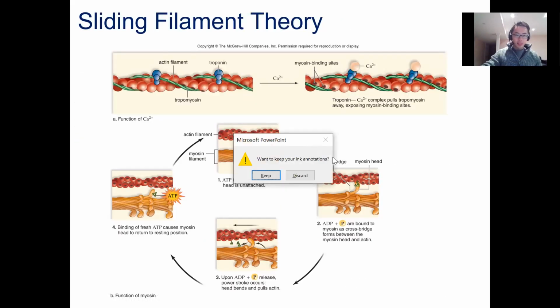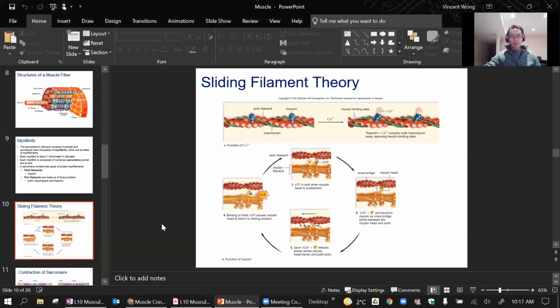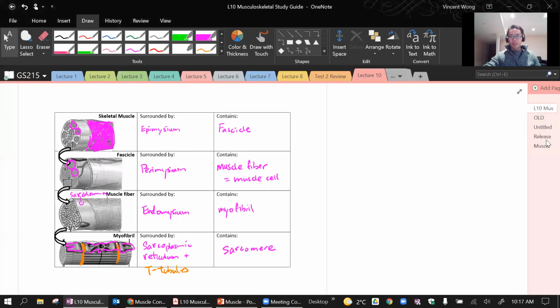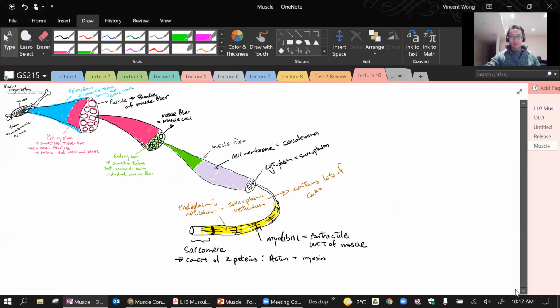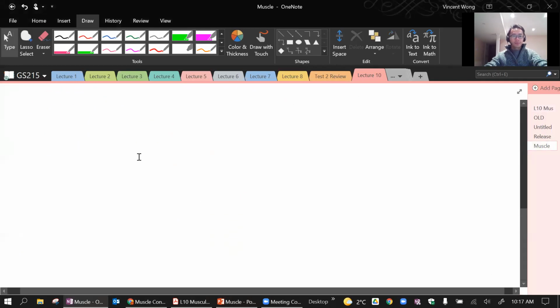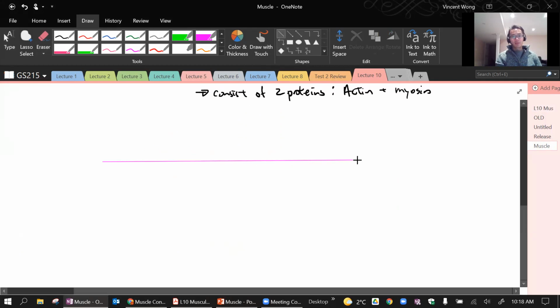Let me see if I can explain it on this OneNote here. I tried to find a nice animation for it, but everything has way too much detail, so it's going to get confusing if we look at it. You don't have to draw this.